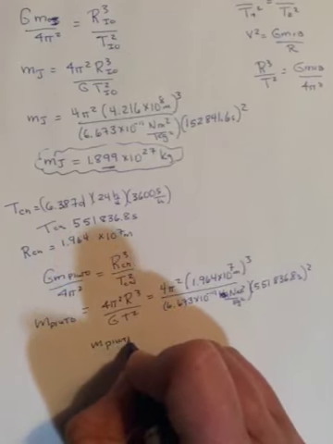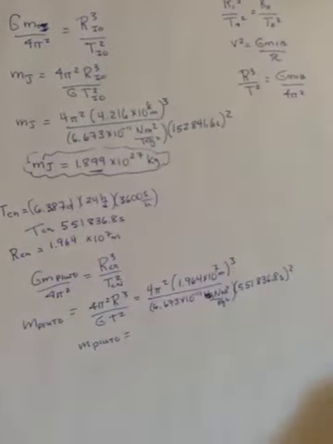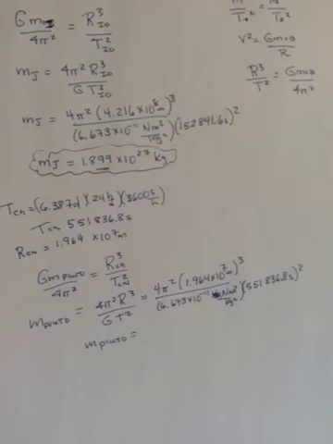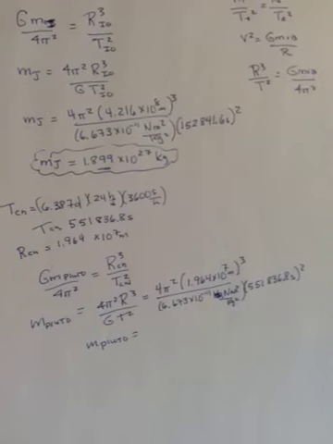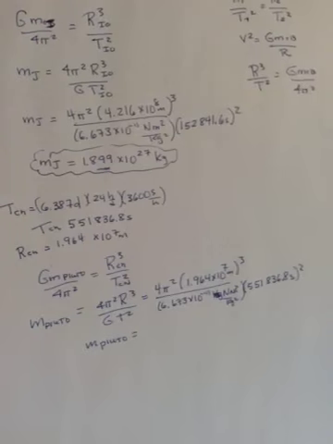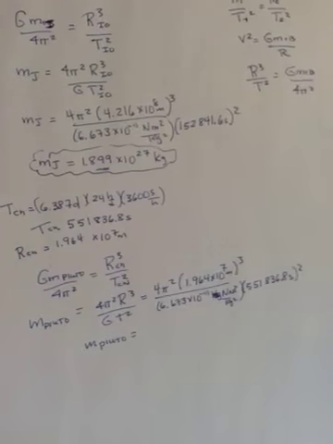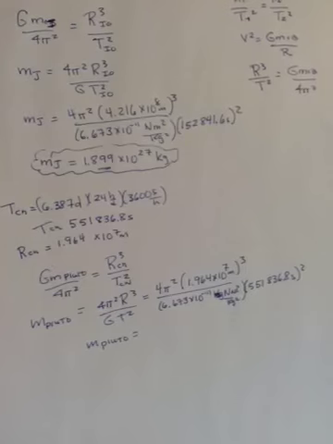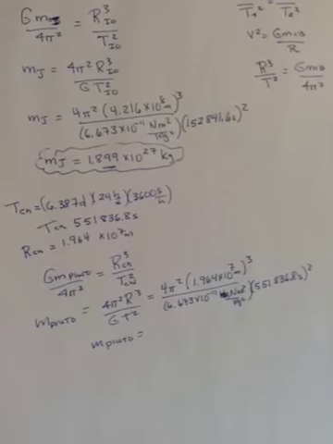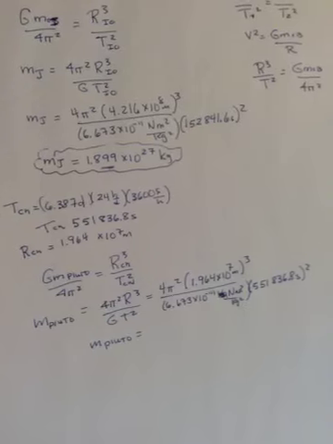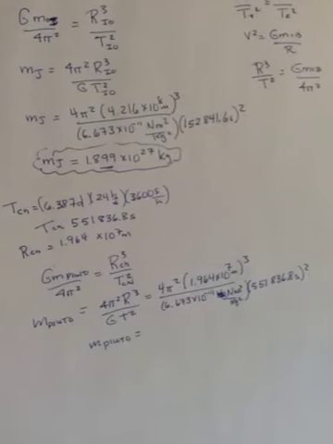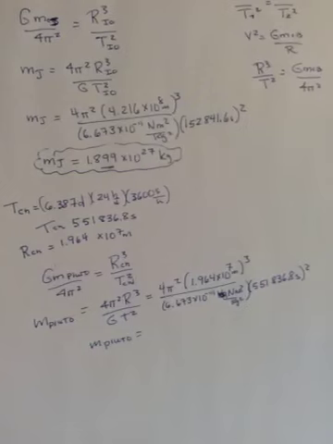So mass of Pluto equals, I'm going to do it this time because I know, 4 times pi squared times 1.964 to the 7th, and that's cubed, divided by bracket 6.673 to the negative 11. I didn't type in.